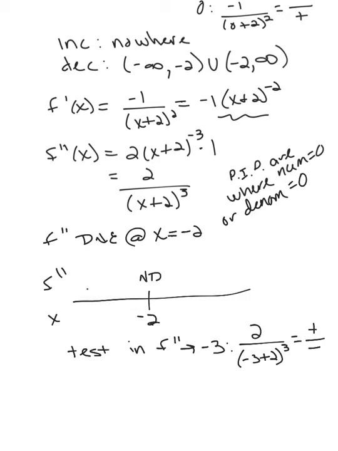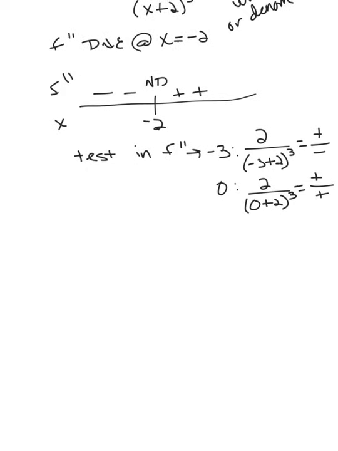So the left side of negative 2 is negative. Let's test 0. That would give us 2 over (0 plus 2) to the third. Our numerator is positive. Our denominator is positive 2 cubed, which is also positive. So the right side of negative 2 is positive.